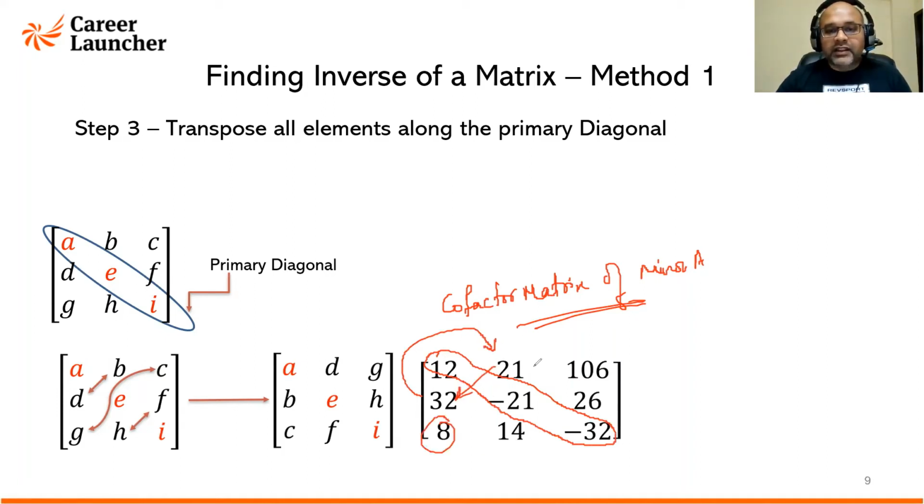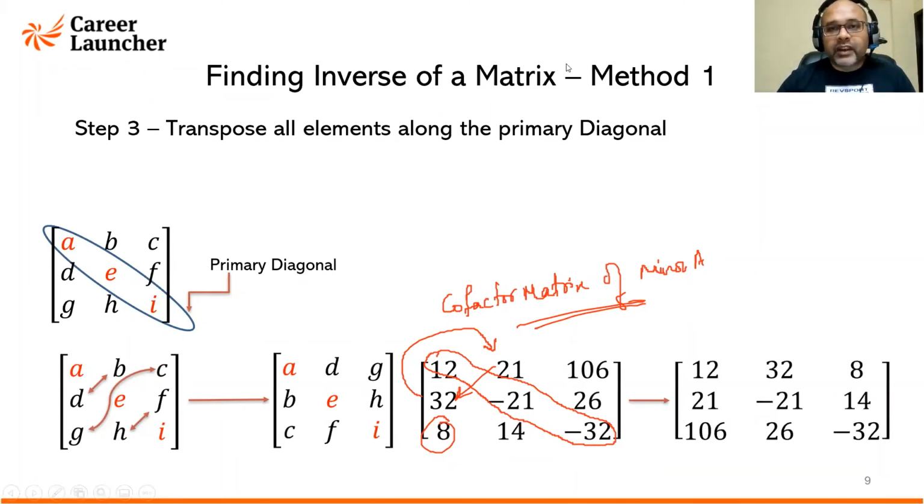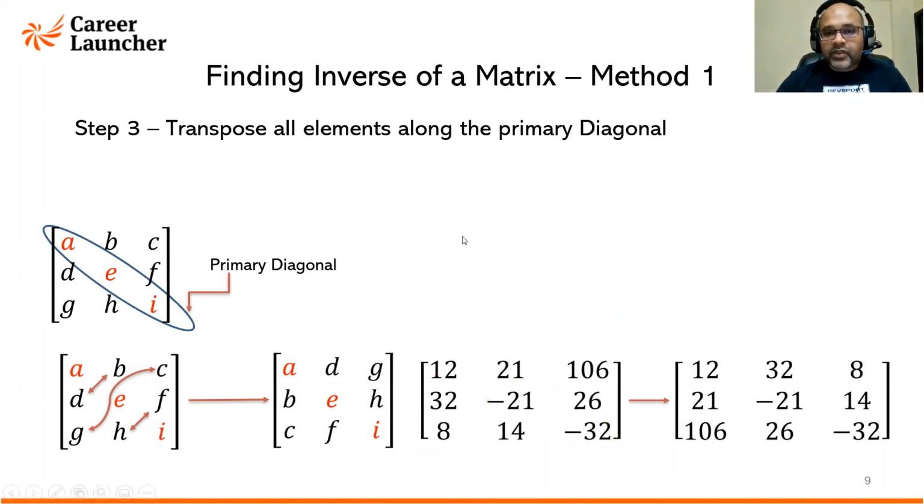Similarly, 8 and 106 should interchange. 14 and 26 should interchange. When you do that, you will get a matrix like this. Now, this matrix finally will be called the adjoint of A. This matrix is finally called the adjoint of A.